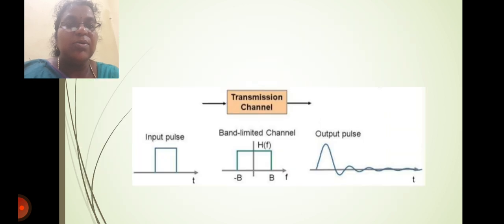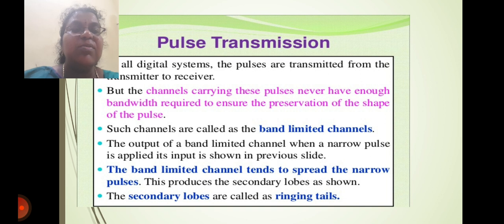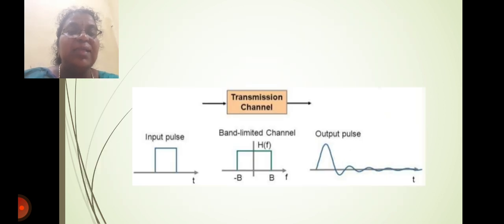So what do we mean by pulse transmission? In all digital systems, pulses are transmitted from the transmitter to receiver. But the channels carrying these pulses never have enough bandwidth required to ensure the preservation of the shape of the pulse. This is what we have seen in the previous slide. That is, the input pulse shape has not been preserved in the output pulse because of the band limited channel.